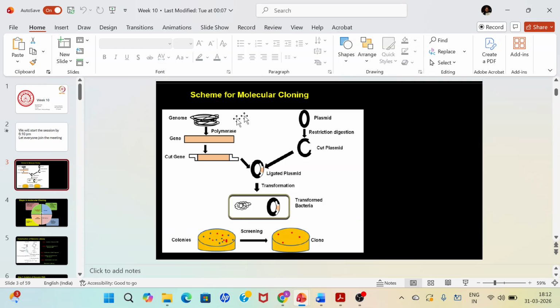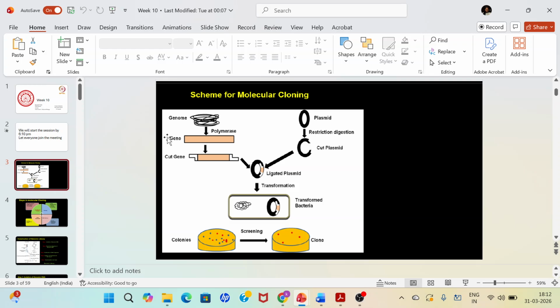So first of all, we need a genome, and from that genome we need that particular gene that we want to clone. Then we have to cut the vector also with the same enzyme, so that exactly similar sites get formed. And then we will ligate the gene inside the vector, and then transform that vector inside the suitable cell, and then it will be grown on suitable plates.